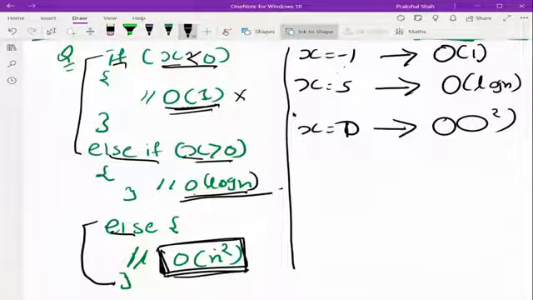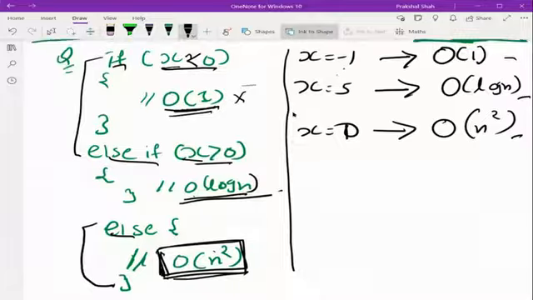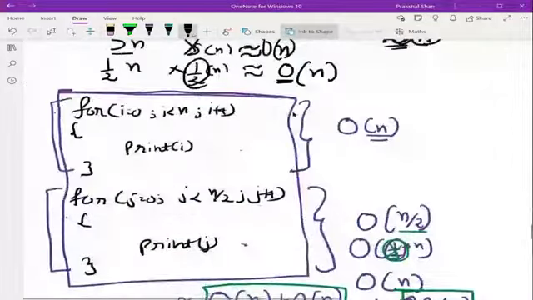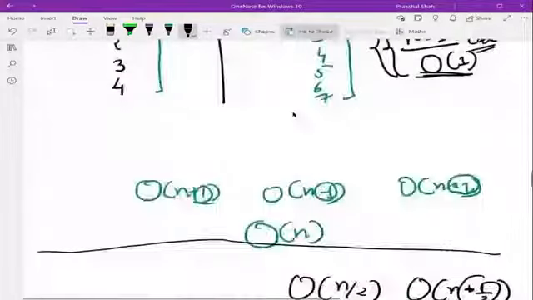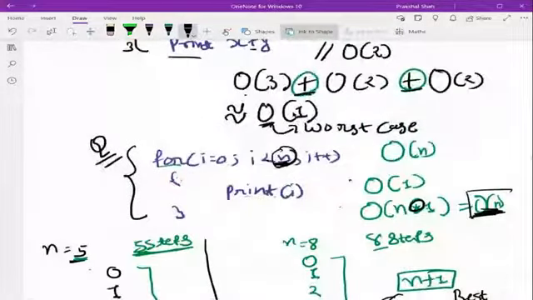At a point of time, all of these cannot run together. At a time, any one of these will be executed. So which is max from here? As per this graph, or as per where it was? I explained that, right?